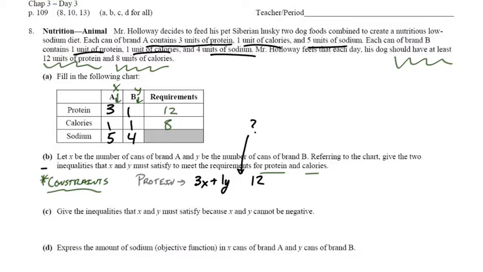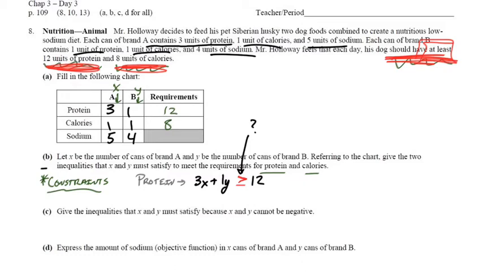It says the dog should have at least 12 units of protein and 8 units of calories. So if it says at least 12, then that means between brand A and brand B dog food, you better have greater than or equal to 12 units of protein.